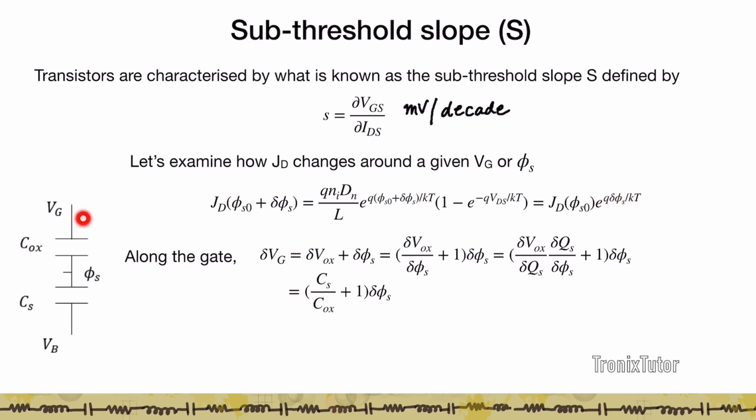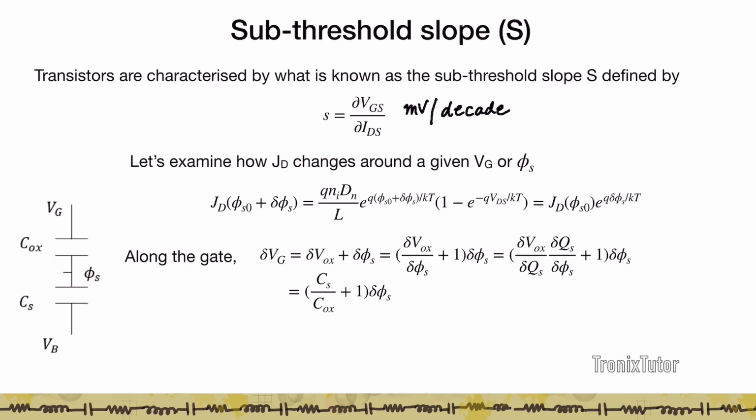So if we look along the gate, I know that if I wiggle V_G, at any point of time V_G is going to be equal to V_ox plus phi_s. Let's assume V_FB is 0 in this case, which means that when I apply V_G, some part of it is going to drop across the oxide and some part of it is going to drop in the semiconductor.